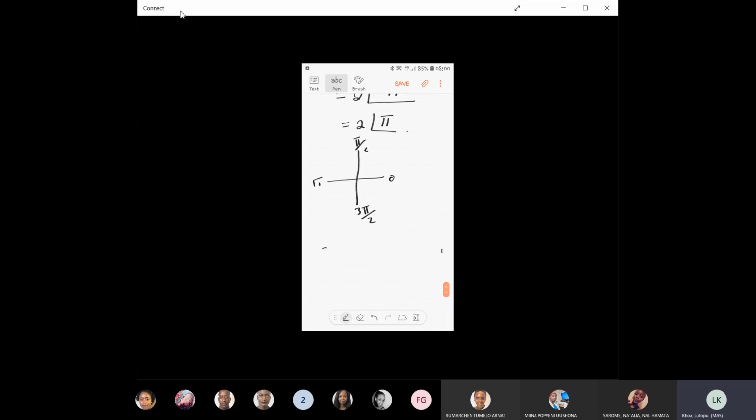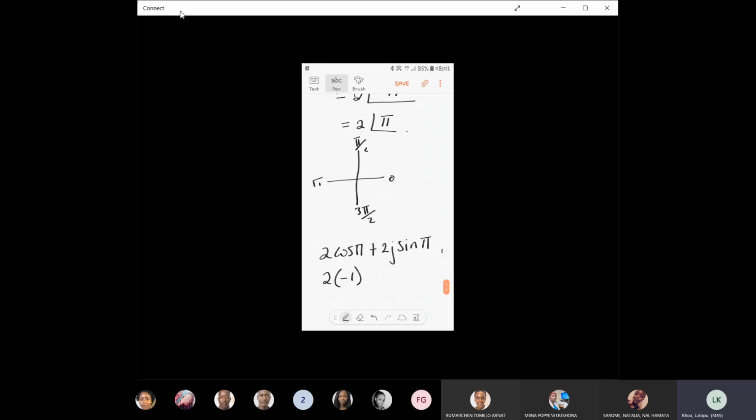So this is 2 cos pi plus 2j sine of pi. Remember, the 2 should multiply the cos and the sine. So cos of pi, that is just equal to minus 1. So this is 2 times minus 1.